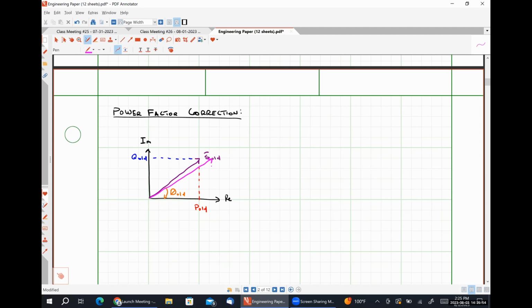Right? So I'm just going to do the projection down here. So this would be P new, this would be S new, and this angle would be theta new. The angle is smaller, which means our power factor will be better.